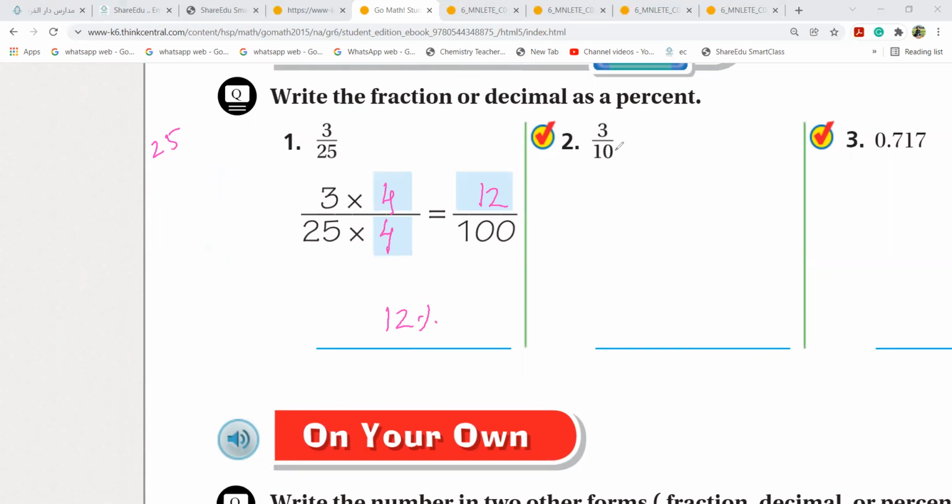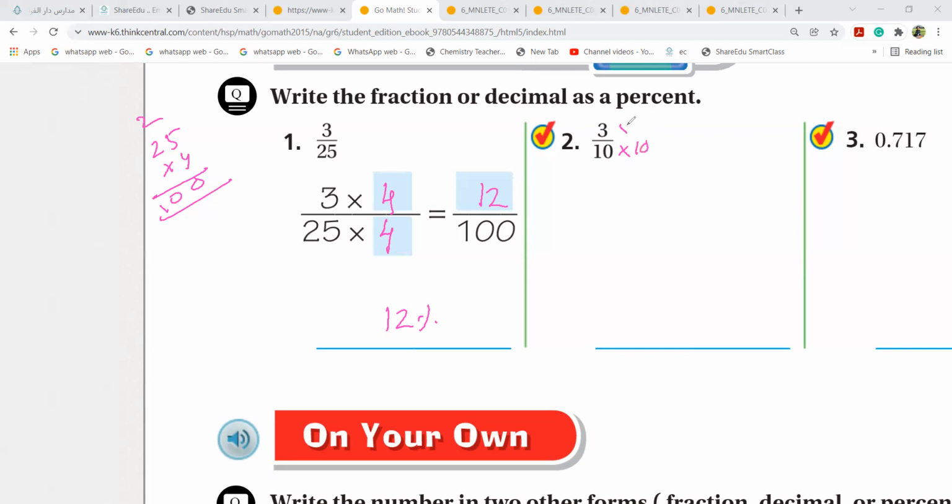Now this one, how do you make the denominator 100, Feroz? From where did you get the 4? Did you divide 100 by 25? Yes, I divided 100 by 25, so I got 4. Even if you don't divide, you can check. You can multiply with 3, you can multiply with 4, so you get 100. 10, what will you multiply to get 100? 10.